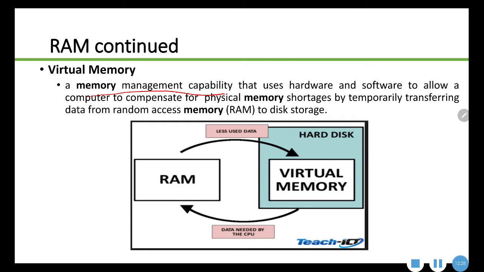So it doesn't really exist, but it's one capability of a memory management system, so that it can allow the computer to compensate, for example, to reserve or to save a file. For example, you are doing your Microsoft Word and suddenly there is a power off, and you haven't even saved that information.